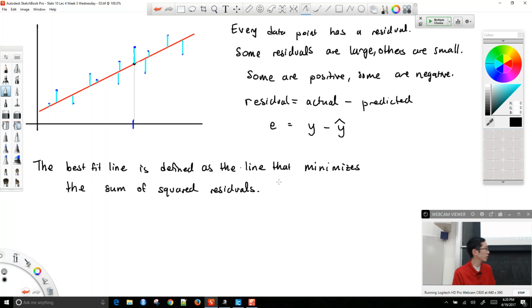All right, so what do I mean by that? So every single data point has a residual, and you can imagine that we take each of these residuals and we turn it into a square. Okay, so I'm going to square each one.